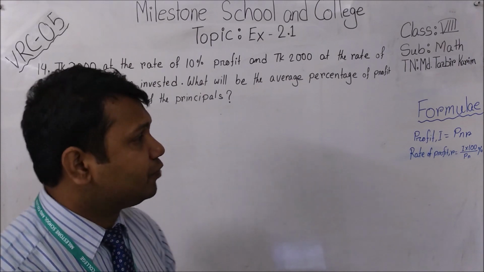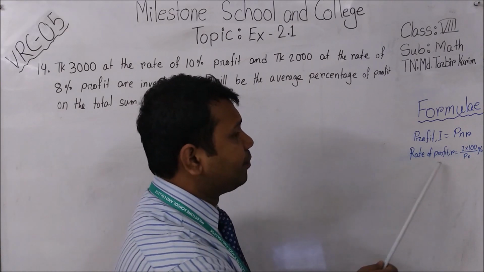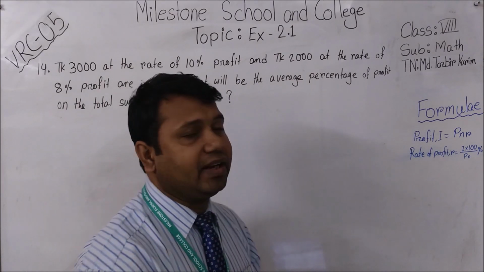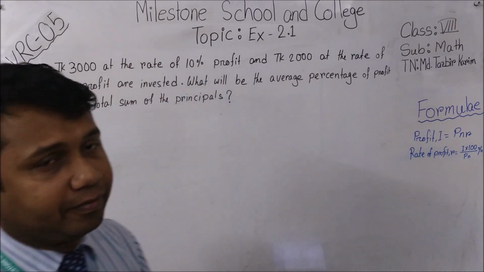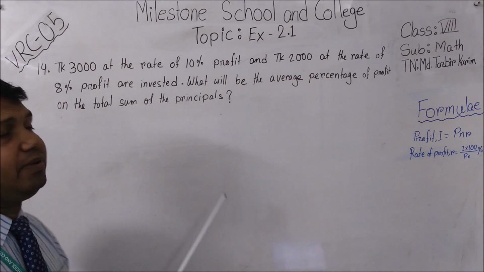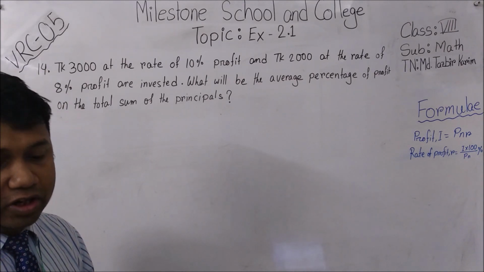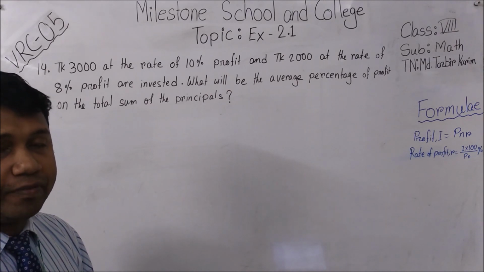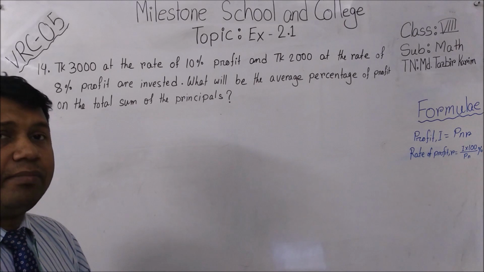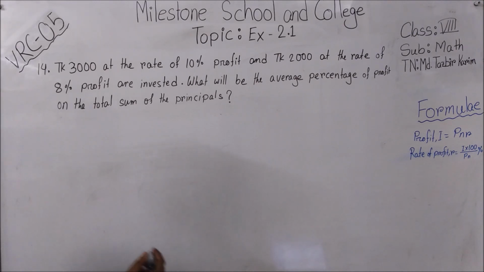We are going to use two formulas, profit I equal to PNR, okay, and rate of profit R equal to I into 100 by PN. That is the rate of profit formula. So here no time is given, so we will just let the time be 1 year, because the average rate of profit for 1 year or 5 years remains the same, so it doesn't matter. So here is the solution.